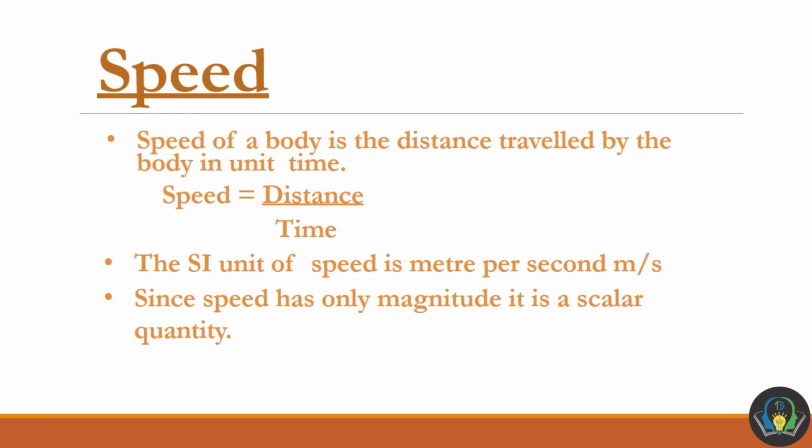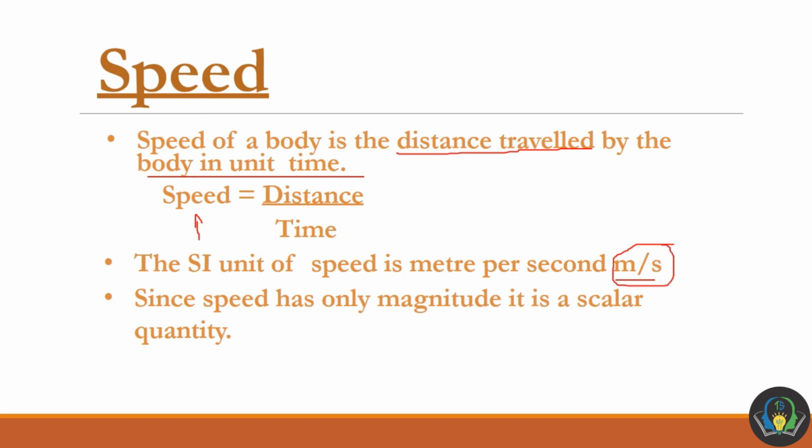Now speed of a body is the distance traveled by the body in unit time, and hence we have the formula: speed equals distance upon time. The SI unit of speed, meaning the standard unit of speed, is meter per second, and this is how you will be writing meter per second.